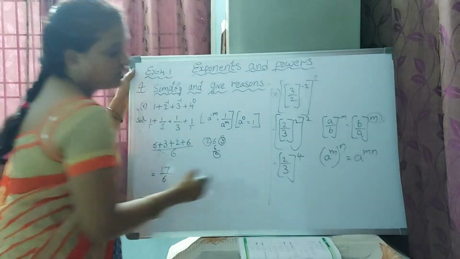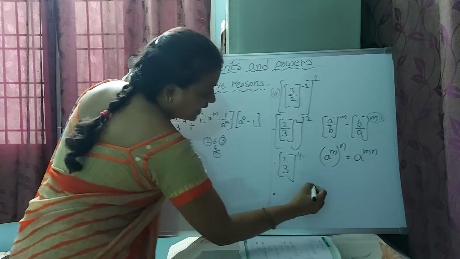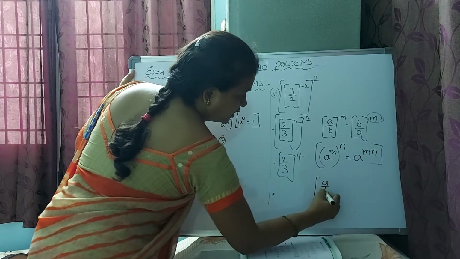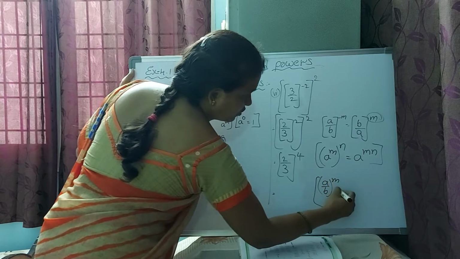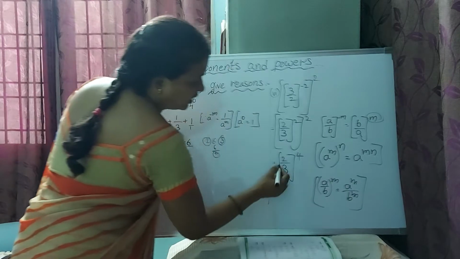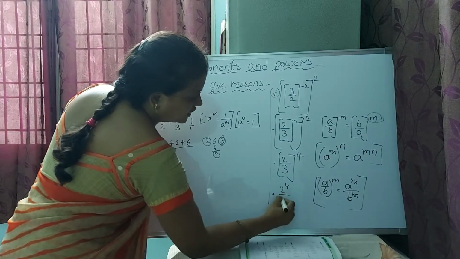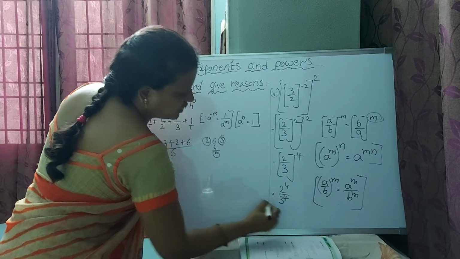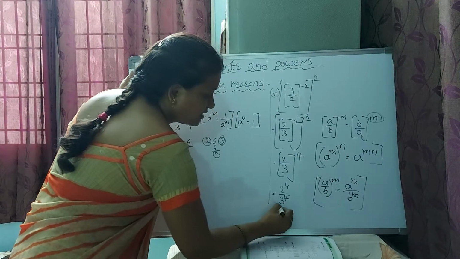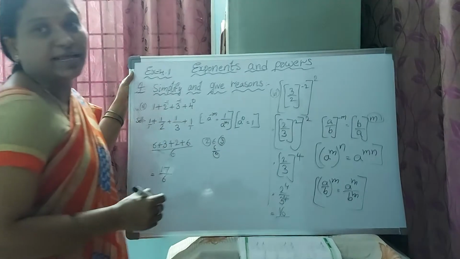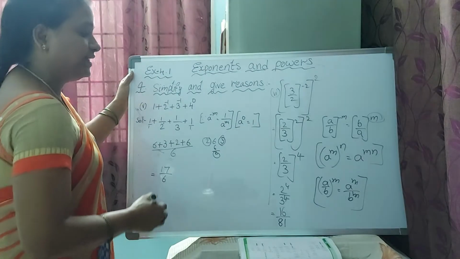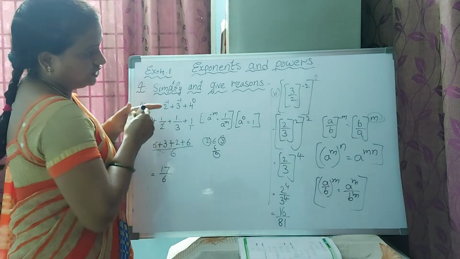That means again this formula: a by b whole power m is equal to a power m by b power m. According to this formula, 2 power 4, 3 power 4. 2 power 4 is 2 2s 4, 4 2s 8, 8 2s are 16. 3 3s 9, 9 3s 27, 27 3s 81. 16 by 81 is the answer for this one.